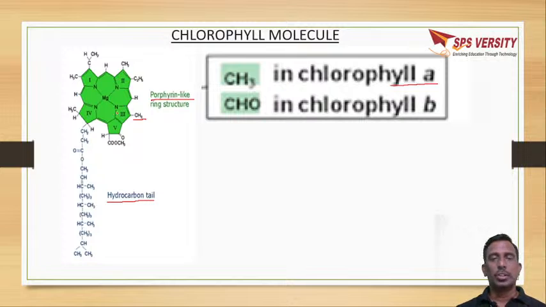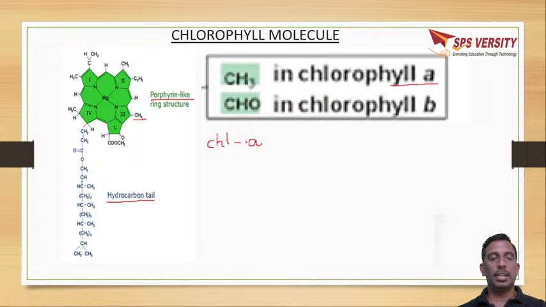Okay. So this is the structure of the chlorophyll molecule. A chlorophyll molecule has a porphyrin ring and a hydrocarbon tail. In the porphyrin ring, there is magnesium at the center, surrounded by nitrogen.